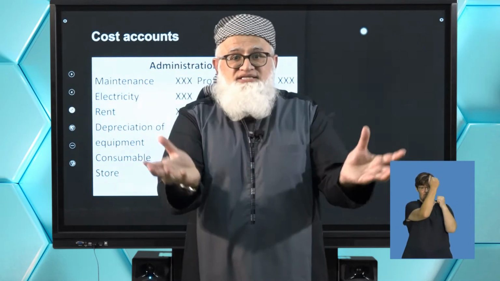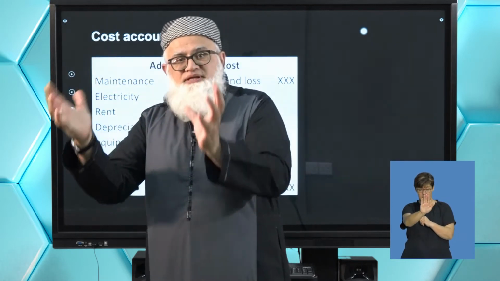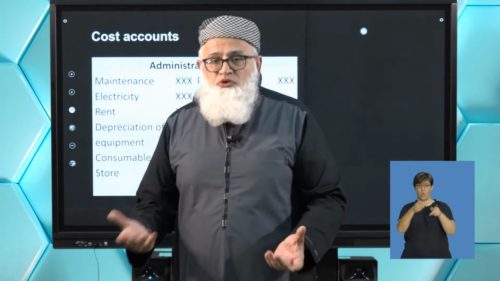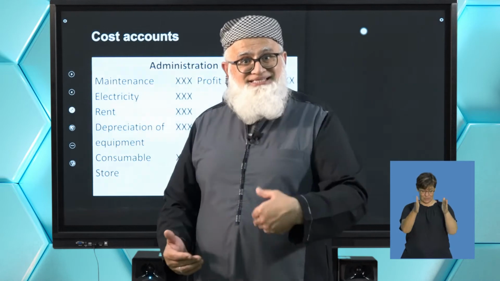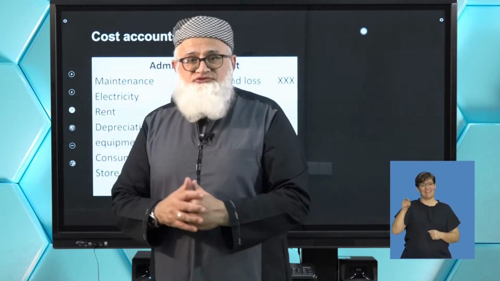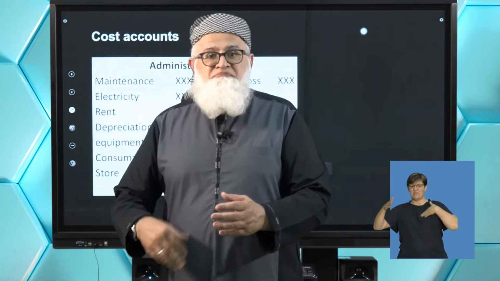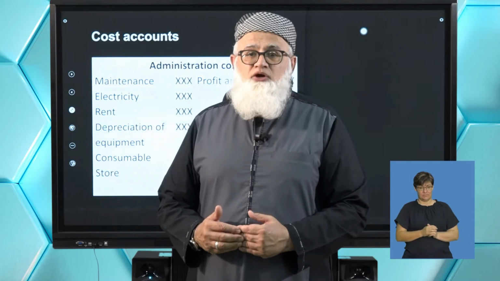One section is the factory where the production takes place. The other part of the building is your showroom where you are displaying your items and selling your finished goods. And the third component of the premises would be your admin section where all the administrative work is being completed.